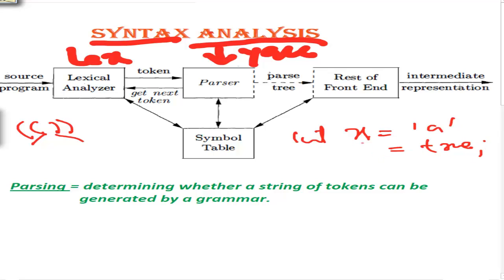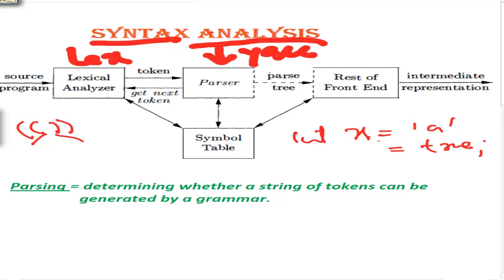Now syntactically this is correct, there is no problem in syntax. You're assigning something to a variable, your parser will take it, no problem, but the semantics is wrong. It doesn't check the type agreement.